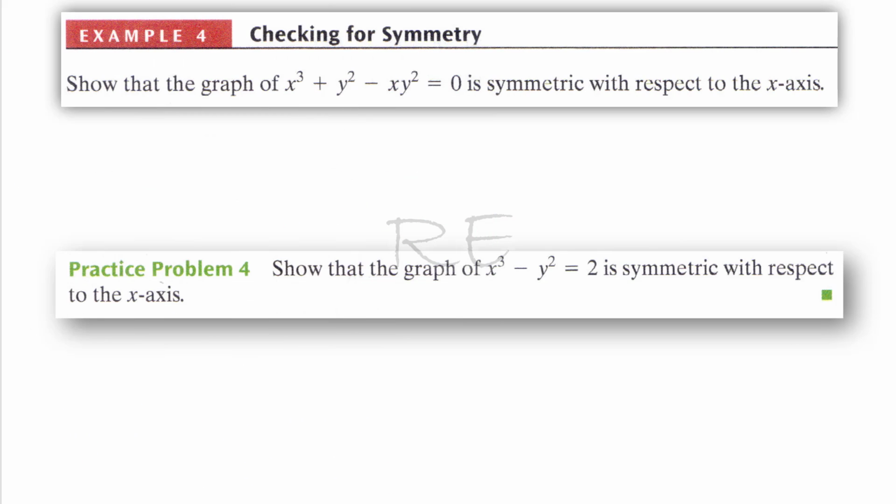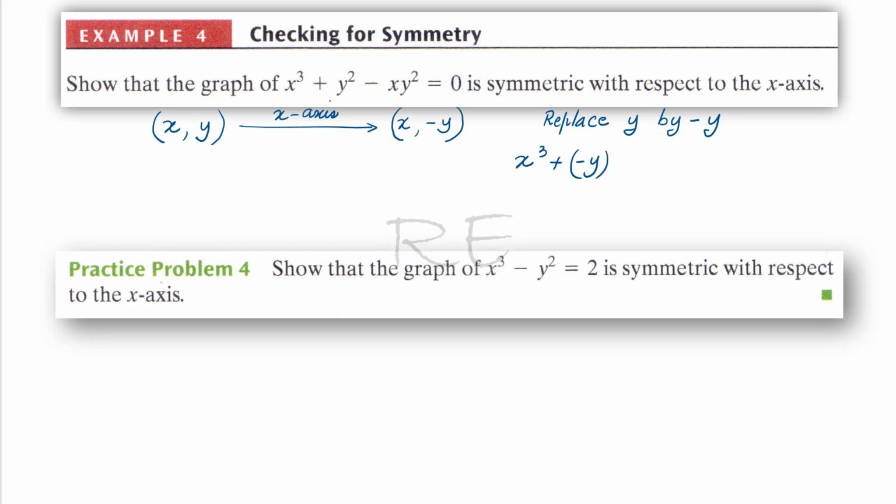For symmetric about the x-axis, if (x, y) belongs to the graph, then (x, negative y) also belongs to the graph. We're going to replace y by negative y. It's going to be x cubed plus (negative y) squared minus x times (negative y) squared is equal to 0.